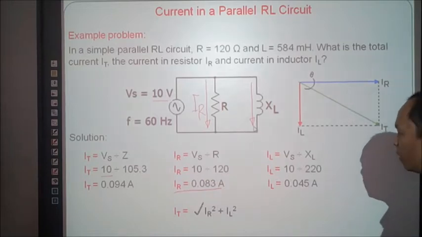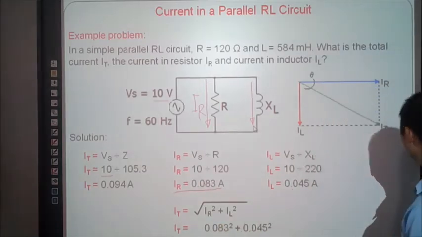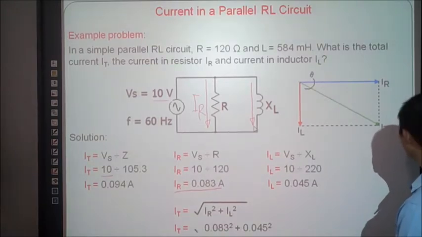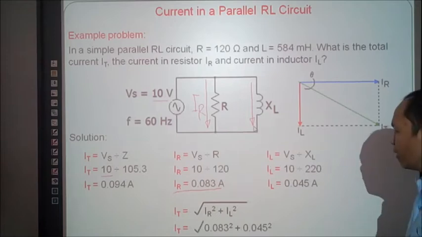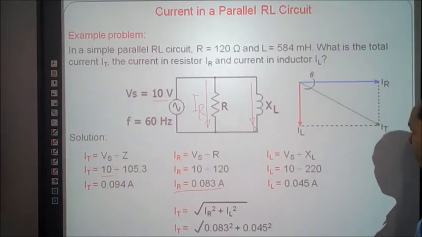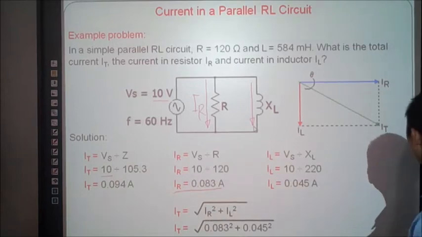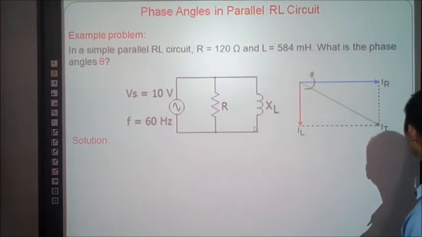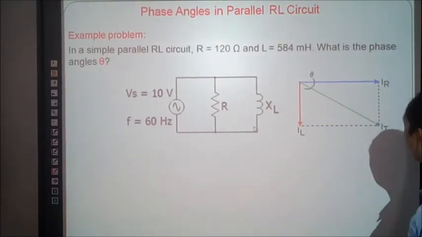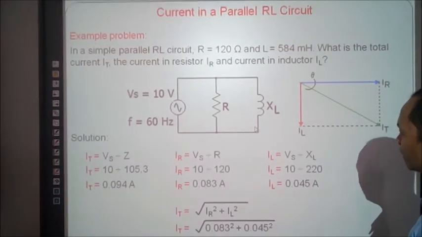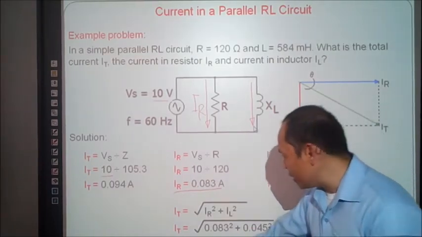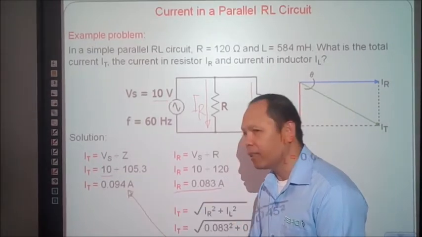Our computer is very slow, so we cannot make it fast. So this is now the equivalent of the total current: the square root of IR squared plus IL squared. So your total current now is equal to 0.094 ampere, which is equal to this total current here.